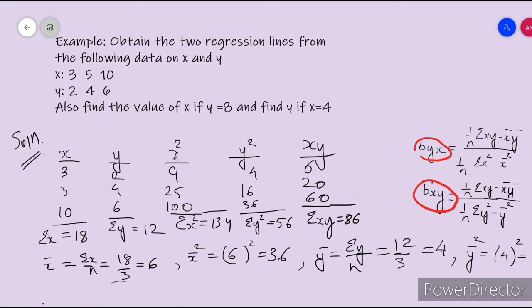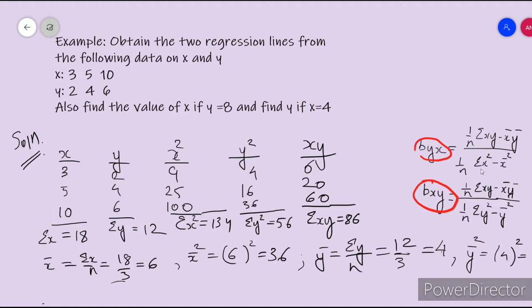We summed up the x values, divided by the number of pairs of observations, and that is the mean value of x, and we take the square, we get 36. Similarly for y, we add up the y values, divide by the number of observations, we get the mean value, and if we square that, we get the squared value of the mean.